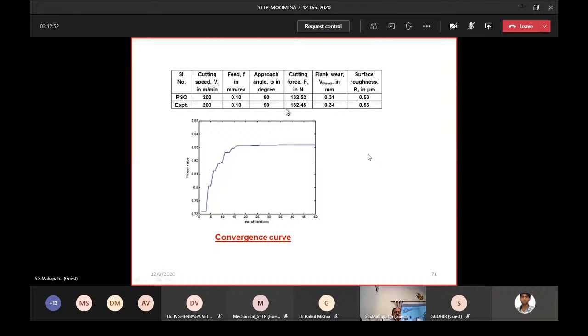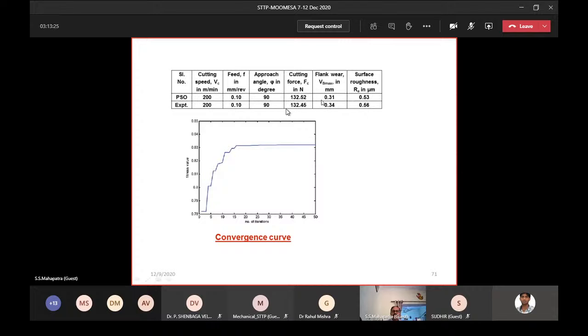Now, using this optimal parameter setting, one experiment has been conducted to know whether this optimal parameter setting is good or not. So another experiment has been conducted taking the optimal parameter setting 200, 0.1 and 90, and the cutting force was found 132.45, whereas the PSO algorithm gives 132.52.